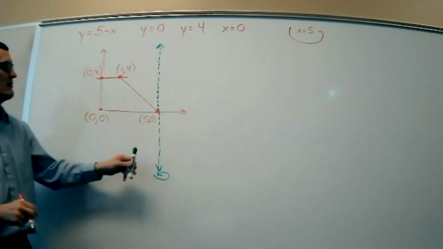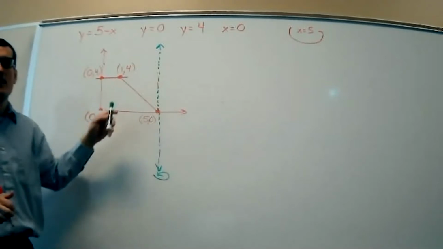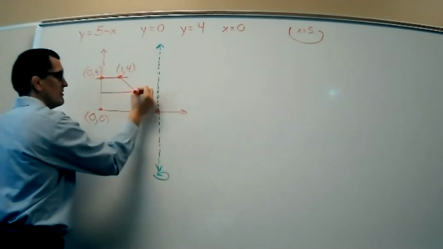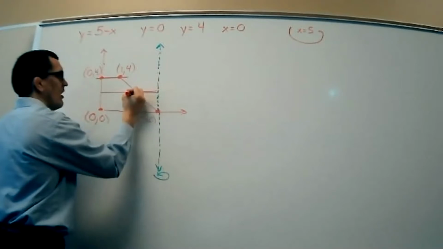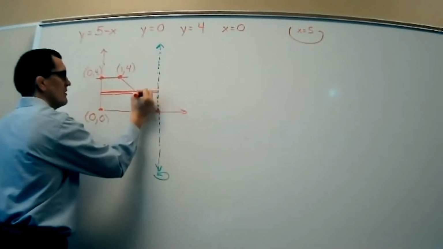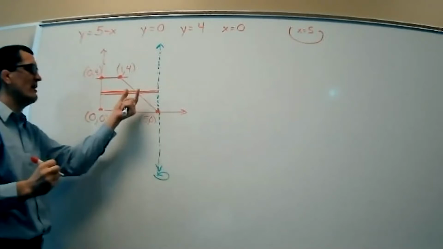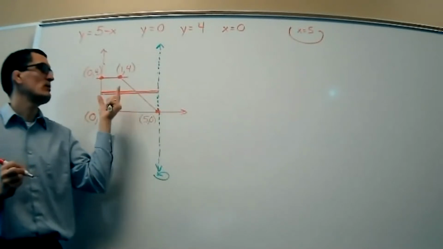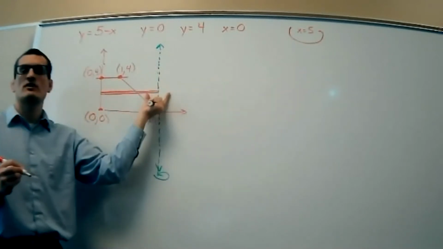Now, if we're rotating around this vertical line, that means my rectangles that I draw are all going to be laid out horizontally. And notice that the region, when I rotate it around, we're going to have an open space in the middle.